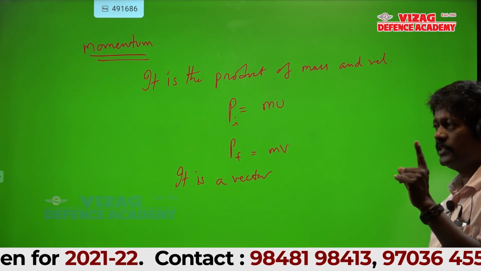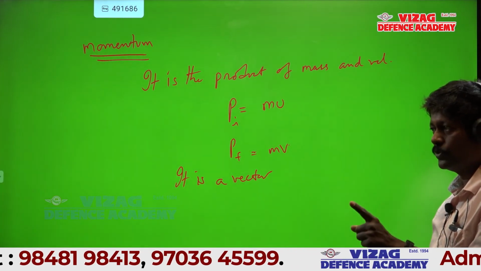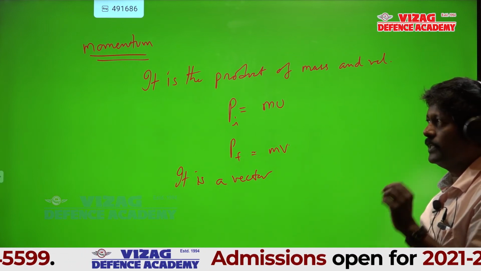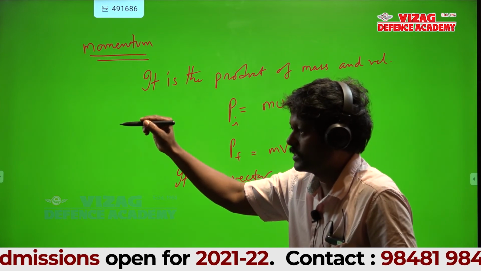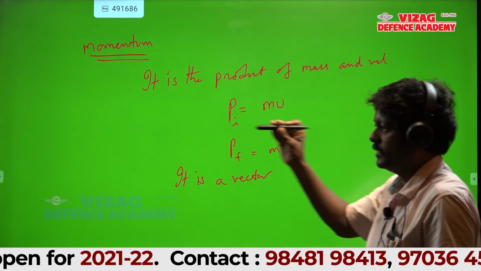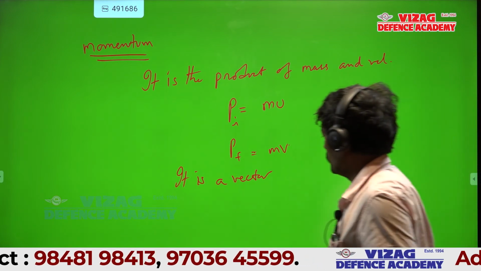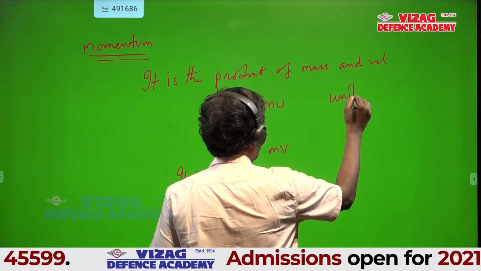Once you consider a vector, you should be very careful. It has direction and magnitude. It can be split into components. And very important, in one direction it is positive, in the opposite direction it is negative. One example we will take, and of course units if you want, units.